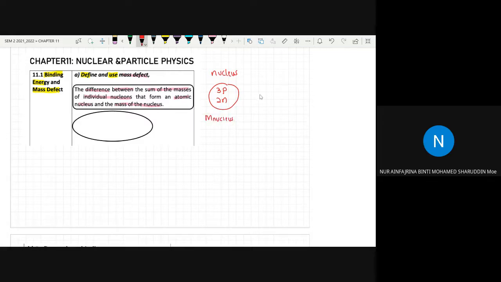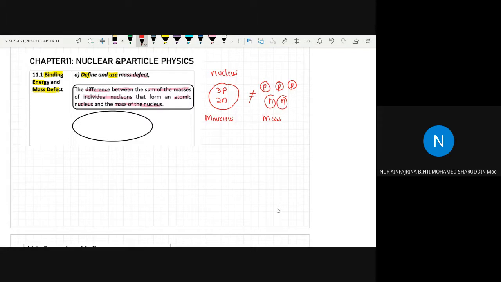But this mass of the nucleus will not be the same as the individual masses of these protons and neutrons. There are 3 protons and 2 neutrons. So the mass here will not be the same. Why? Because there is mass defect.